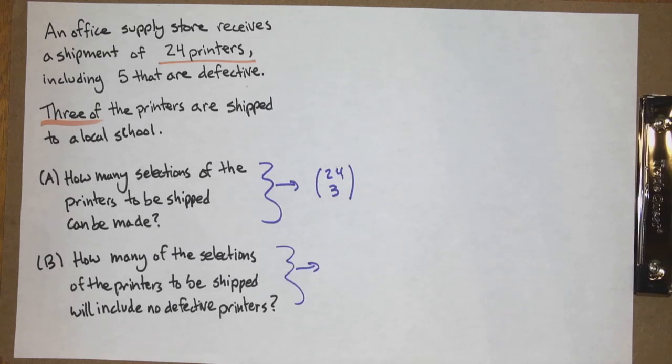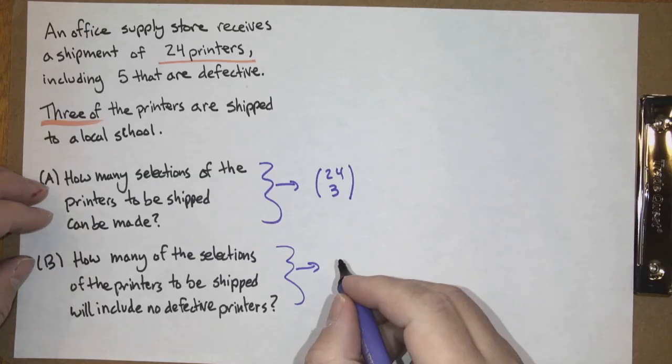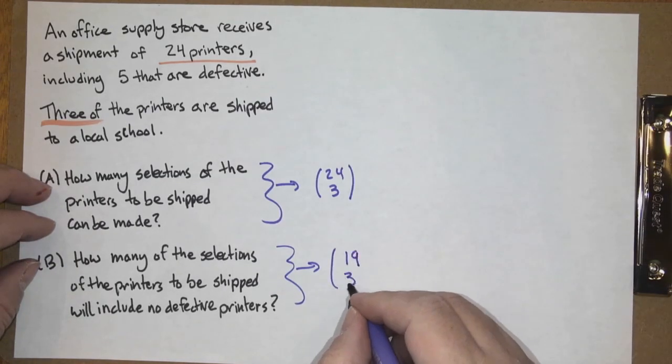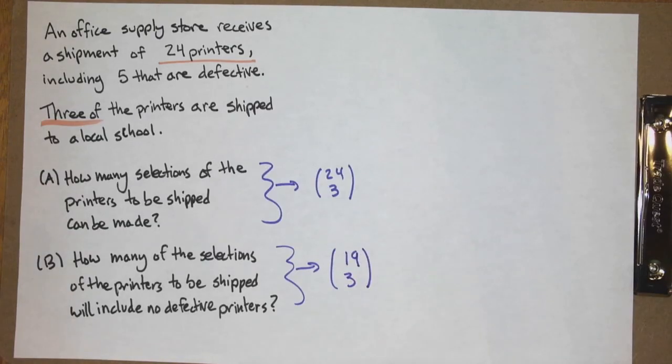Now we say, look, instead of having the pool of all 24 printers, we're going to cut our pool a little bit, a smaller pool. Now there's just 19 printers. And we say, okay, it's a smaller pool, but we're still shipping the same number. It's still 19 choose 3. And so that's how many options we have that will have no defective printers.